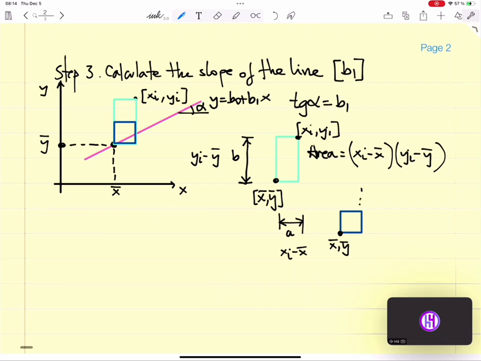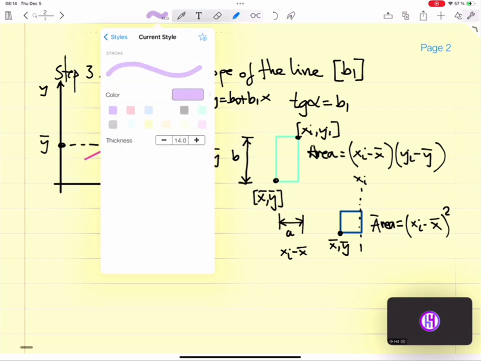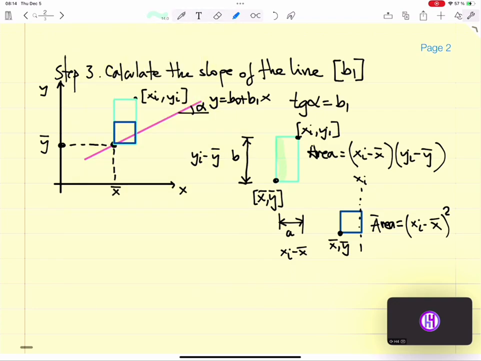This line is xi. This square has an area of what? xi minus x mean squared, right? So if we divide these two areas, what we have is something that is not dimensional, and it gives you the slope.